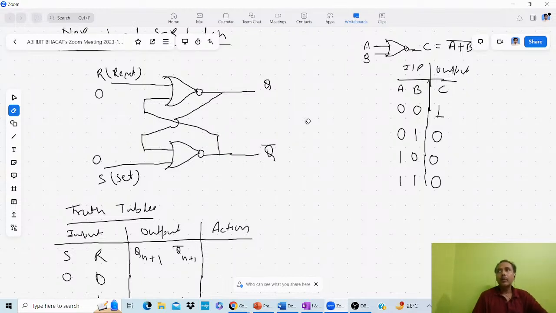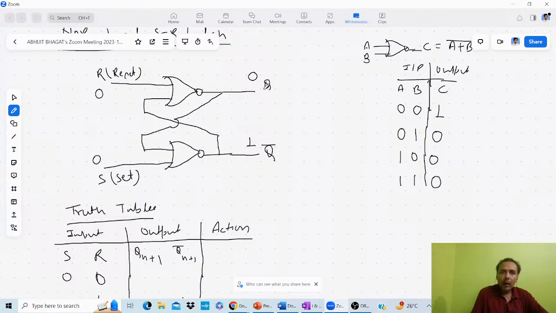Achha. Now suppose when the input is 0, 0, in that case, suppose previously, maybe you can assume anything, either 0 or 1. So suppose previously the Q is 0 before applying the 0, 0. So if Q is 0, your Q bar will be 1.